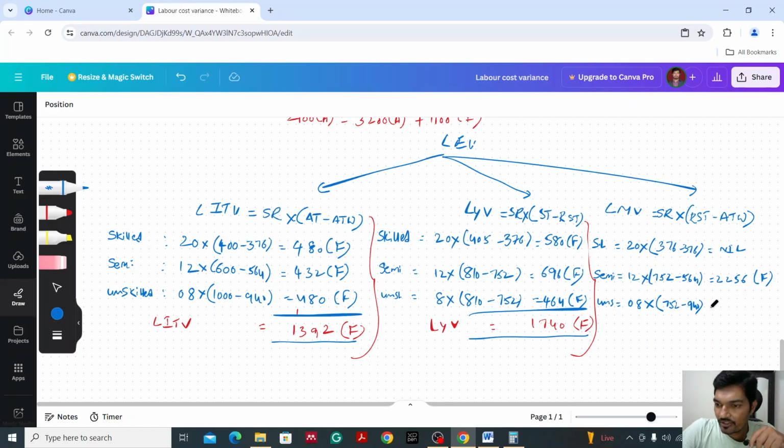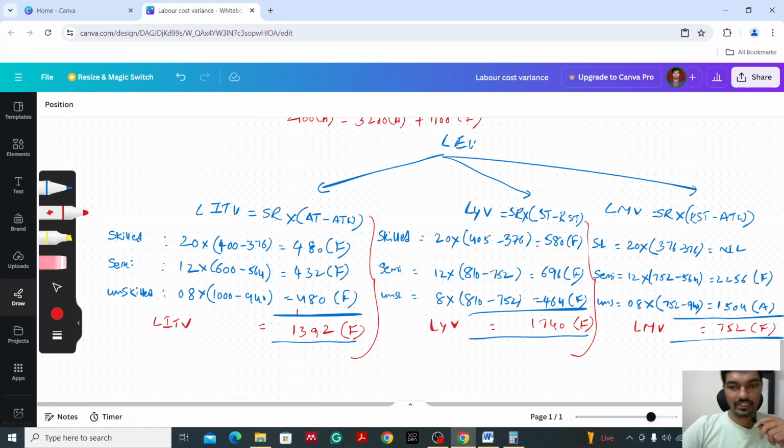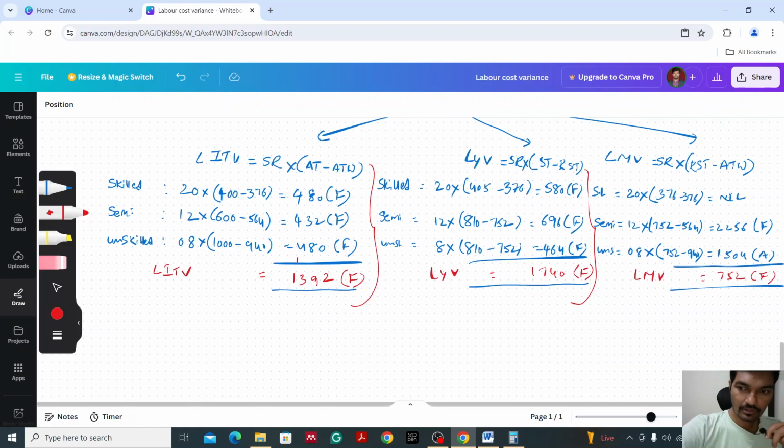Here we are getting a negative value. The result is 1504, which is adverse. So finally, the total labor mix variance is 752 in favor, because the positive value is more than the negative value.